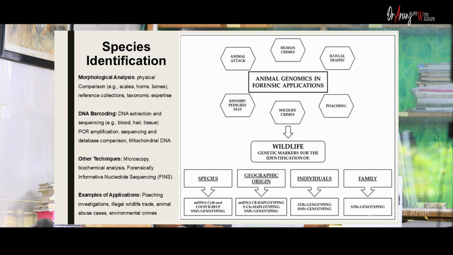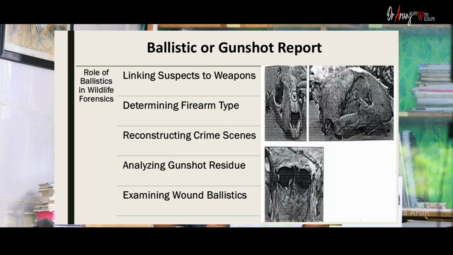And the fourth one is species identification and DNA analysis. Many times in a crime scene or forensic investigation, we may not even know which species we are dealing with, and sometimes it is very difficult to identify the species from a grossly damaged carcass. So species identification and DNA analysis is very important, to confirm whether the species is endangered or protected, based on their identification, marks, or size.